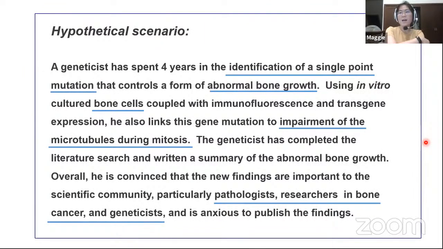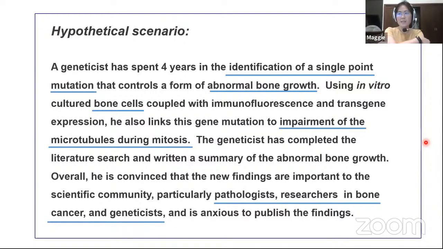Okay, first, this is one example. Think of a geneticist who has spent 4 years identifying a single point mutation that controls a form of abnormal bone growth. So one scientist spent 4 years and found that a single point mutation can cause abnormal bone growth.